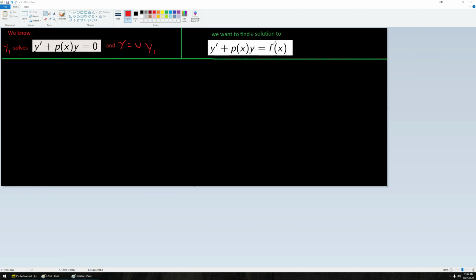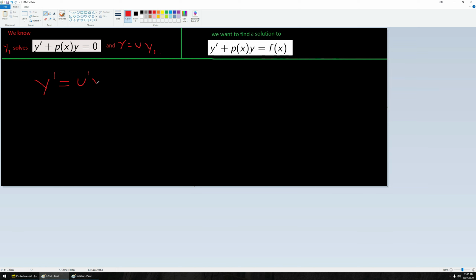So from here, we want to ultimately find a solution to this non-homogeneous equation. Well, if I'm assuming I have a solution of this form, the natural thing to do is to take this and plug it into here. Okay, so let's do this. If y is equal to this, then y prime is going to be equal to what? Here I have the product of two things, so I just use the product rule.